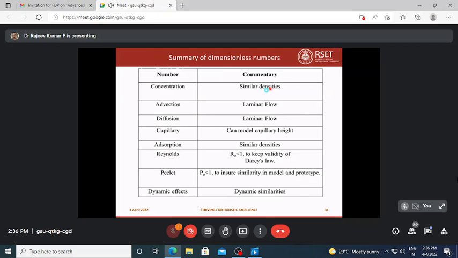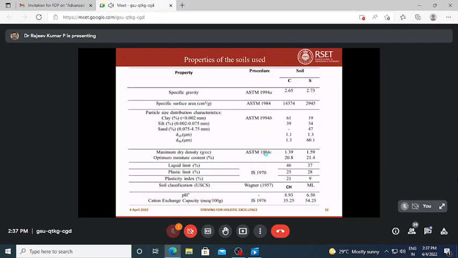And the Peclet number denotes the similarity between the model and the prototype if it is less than 1, and again the Reynolds number if it is less than 1, and it validates Darcy's law. These things are already established by research by other researchers across the globe.